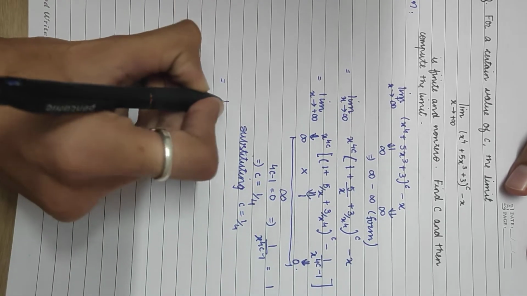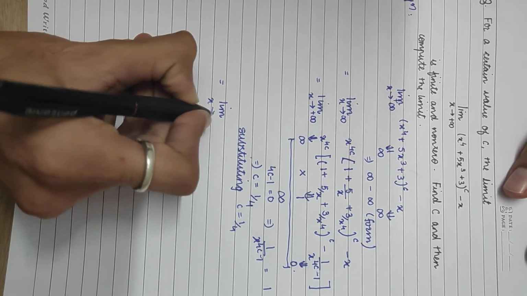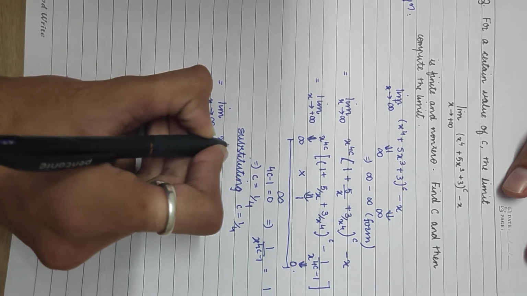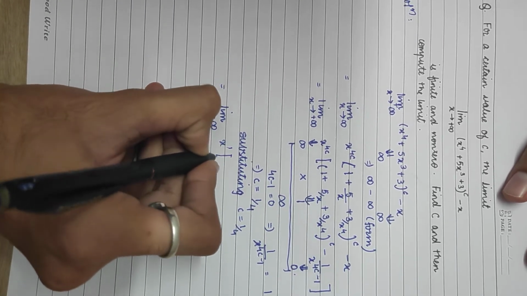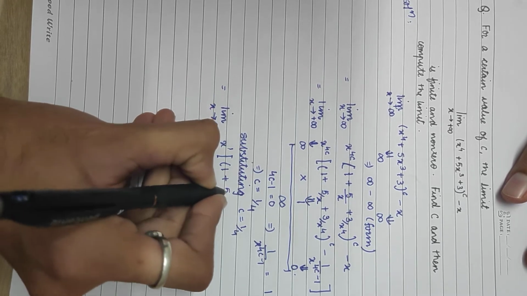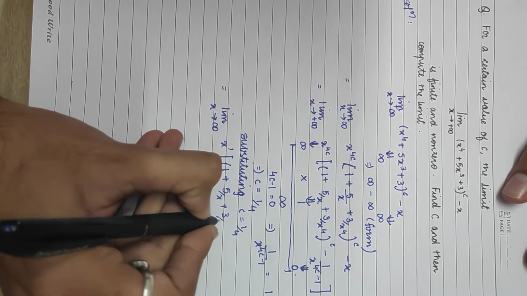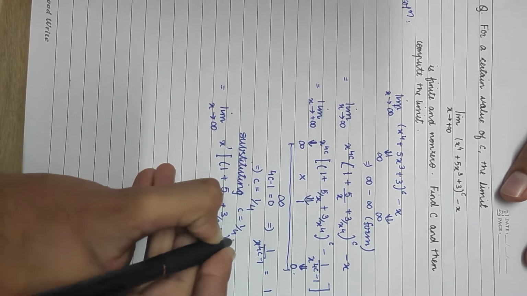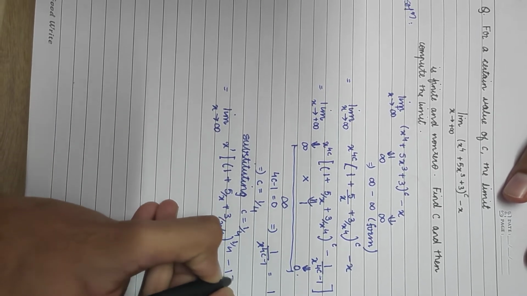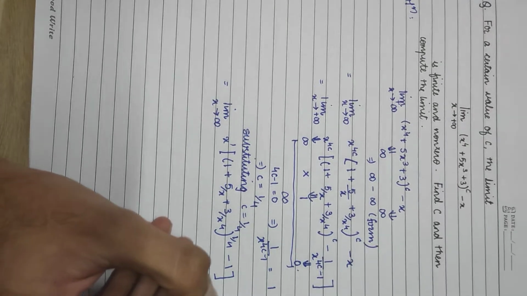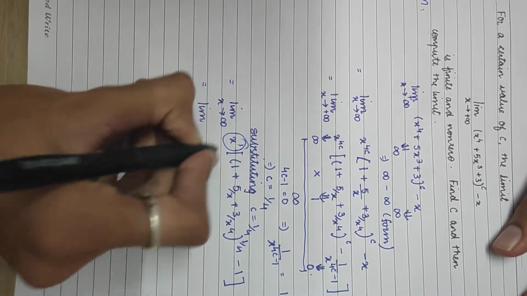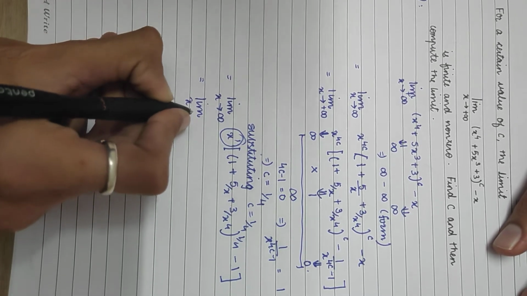we get the limit as x tends to infinity of x times ((1 + 5/x + 3/x^4)^(1/4) − 1). Basically this will become your 1. Now what I will do is take the x which is present here and make its reciprocal in the denominator.